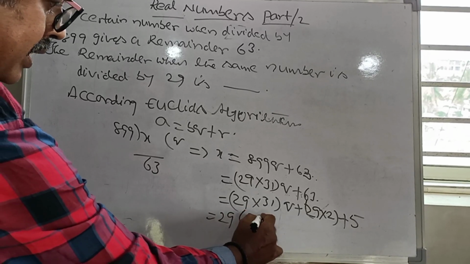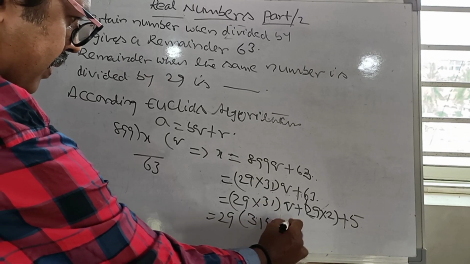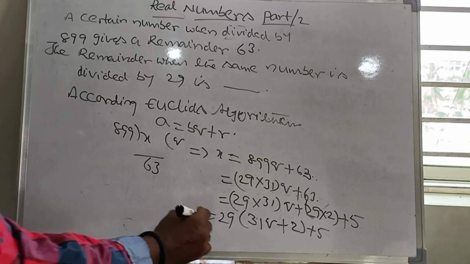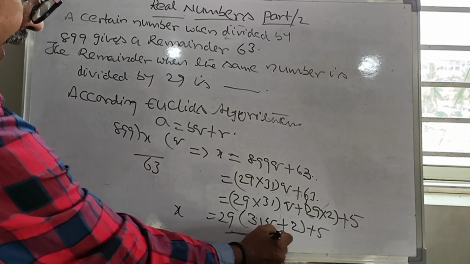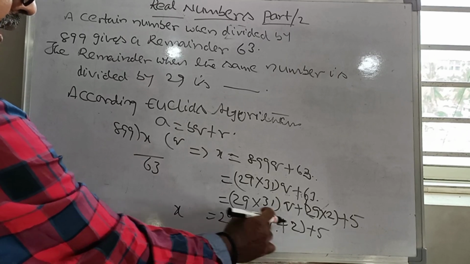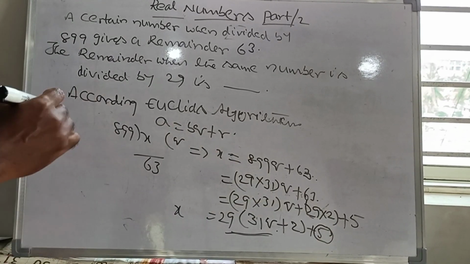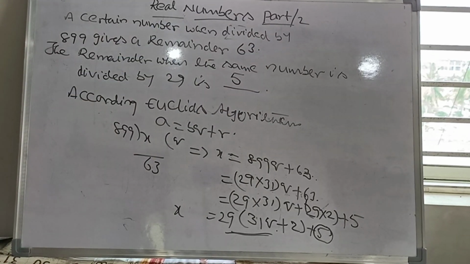So x is 29 into (31q plus 2) plus 5. It is in the form of A is equal to BQ plus R. So when it is divided by 29, what is the remainder here?